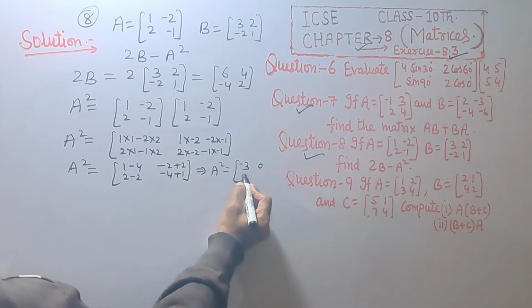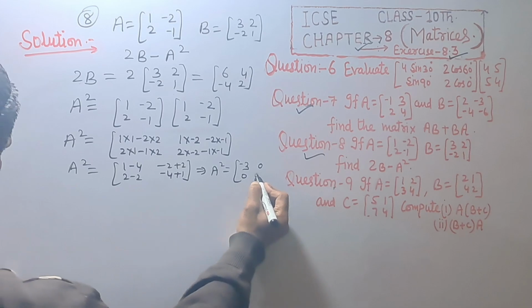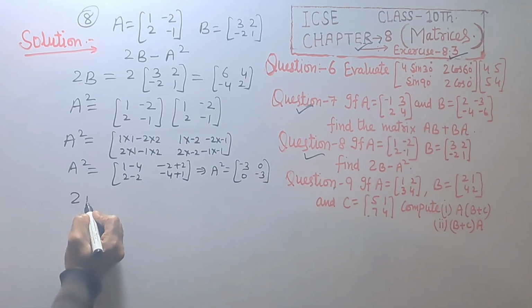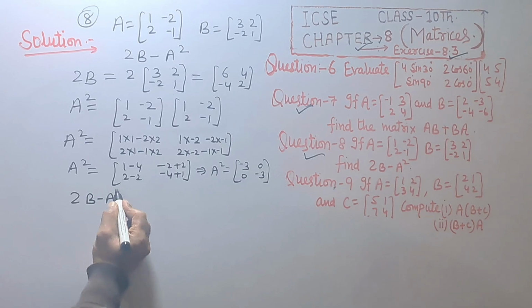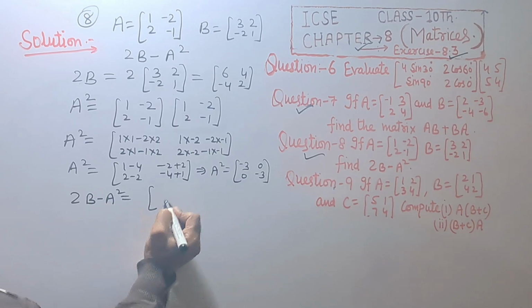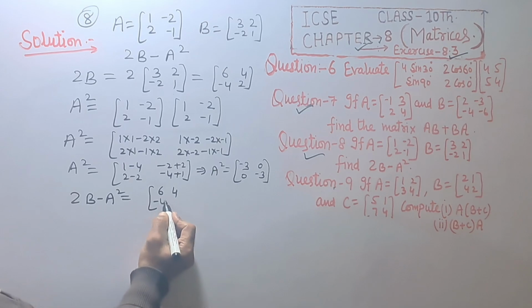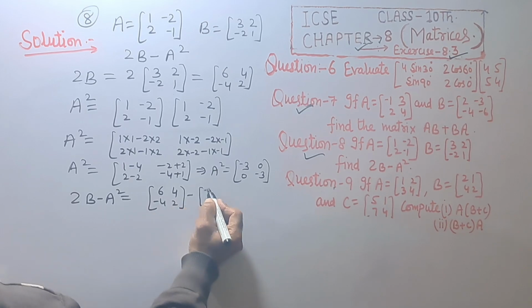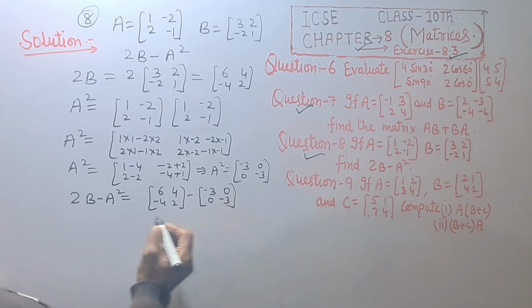0, 0, minus 3. And we find 2B minus A squared, that is equal to 2B is [6, 4; -4, 2], but A squared is [-3, 0; 0, -3].